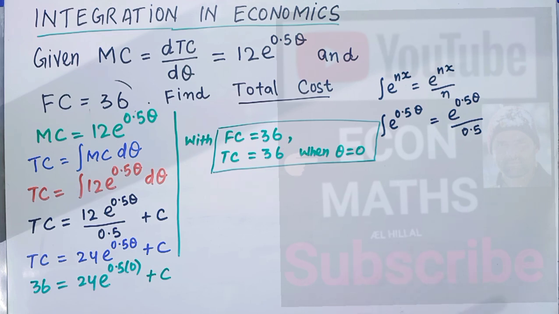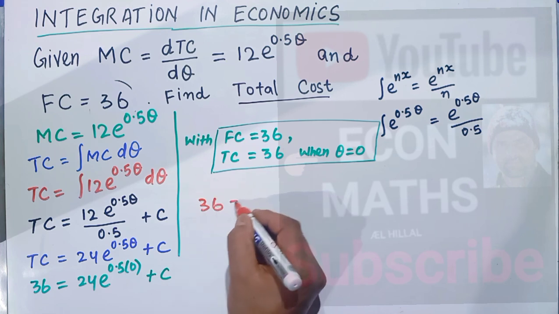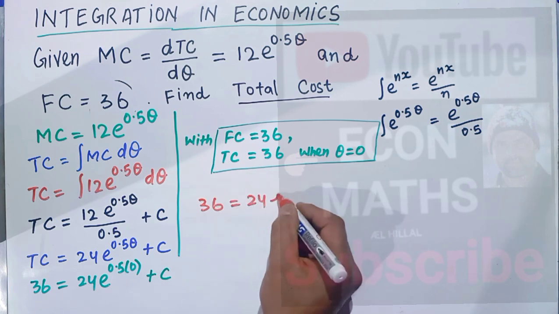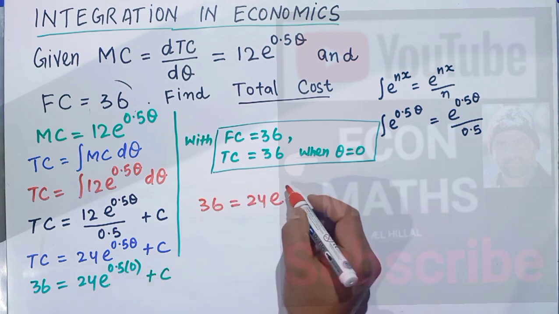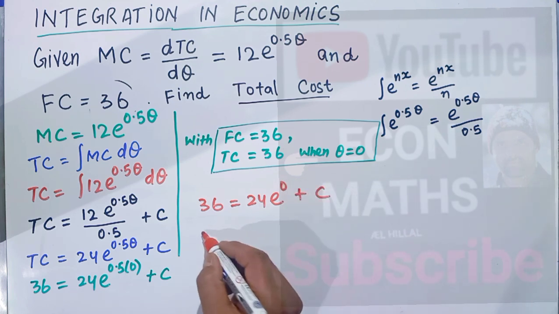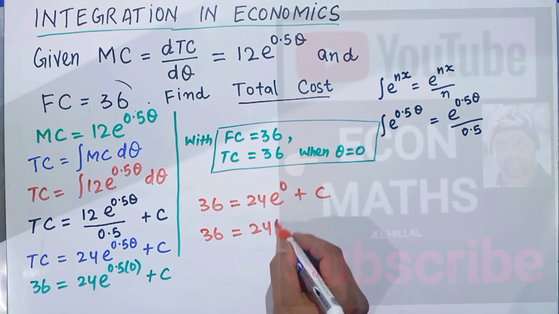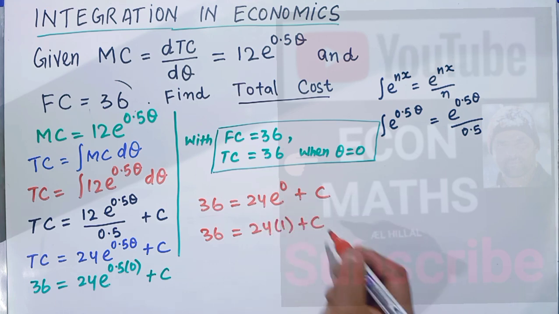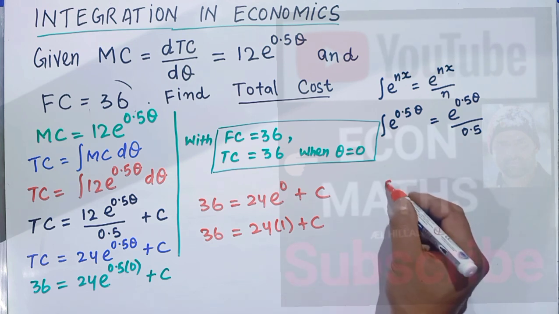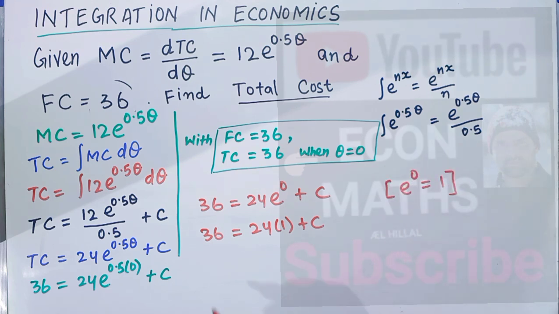So this will give us 36 is equal to 24 e to the power 0.5 into 0, which is 0, plus the constant of integration. So we have 36 is equal to 24 e to the power 0, which is equal to 1, plus the constant of integration, because e to the power 0 is equal to 1 by definition.